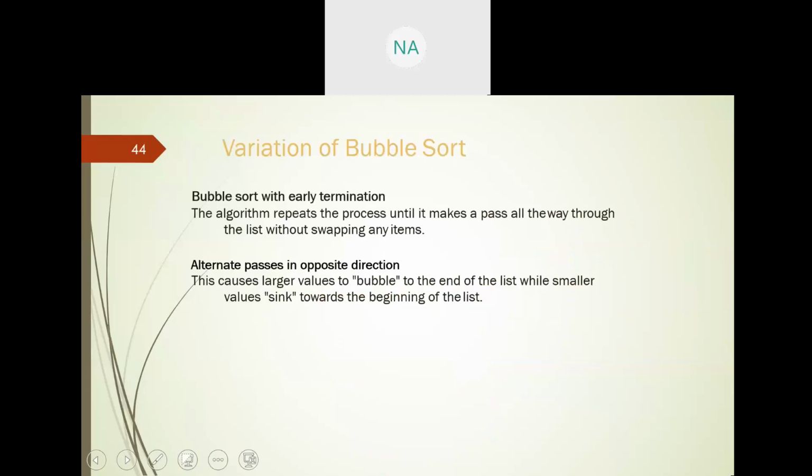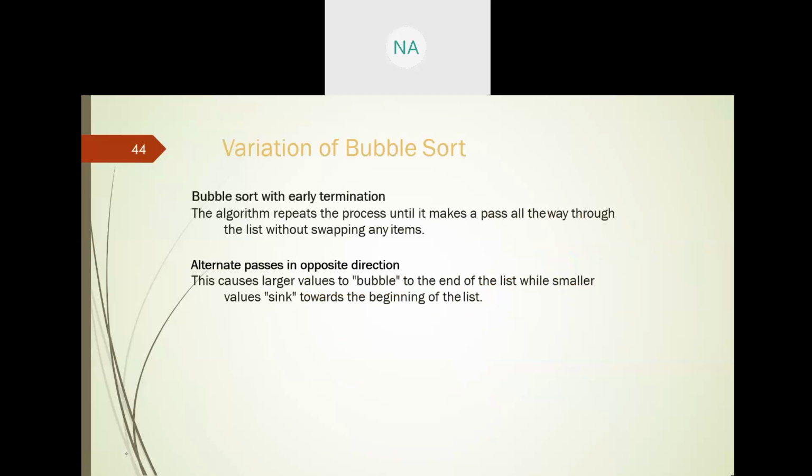Okay, now there are some variations of bubble sort which perform better than the standard bubble sort algorithm. The order of complexity of these variations remains the same, order of n square, but the number of actual comparisons might be lower than in the standard bubble sort.